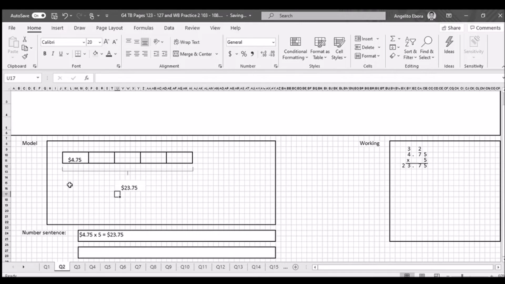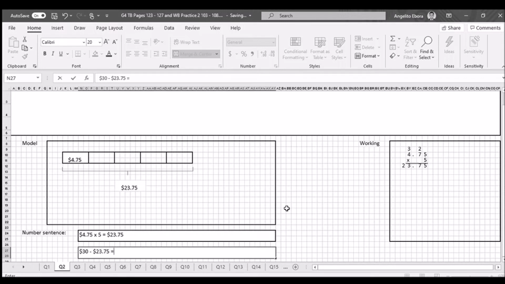Okay. So our number sentence is $30 minus $23.75. Okay, let's leave it first, and then let's do the working here.